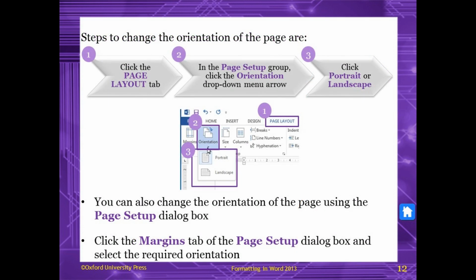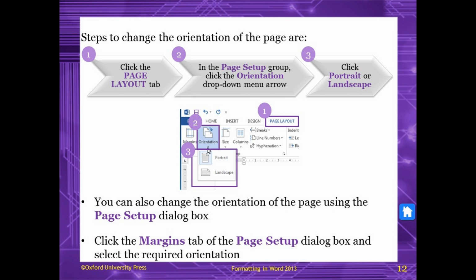And now we will learn how to change the page orientation by using the Page Layout tab. First of all, from the tabs, click on Page Layout. In the Page Layout tab, click on the Orientation command. Once you click on Orientation, you can see there are two types of orientations displayed. The first one is portrait, which is already selected, and the second one is landscape.